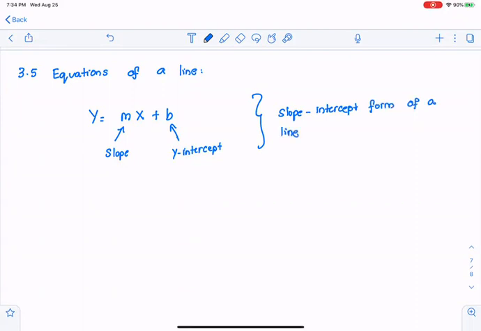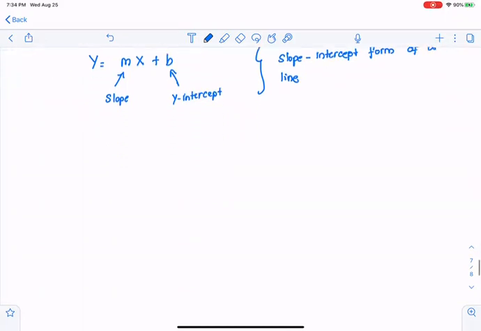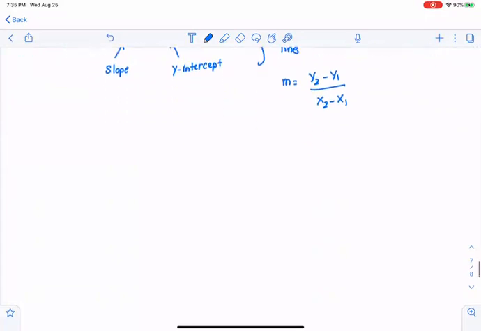Why? There is a slope, there is an intercept, hence we call it the slope-intercept form. And we know the formula for slope. m is y2 minus y1 divided by x2 minus x1. So if we want to find the equation of the line, we definitely need to have 2 points.